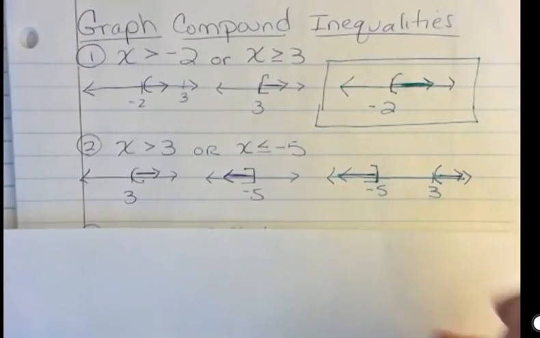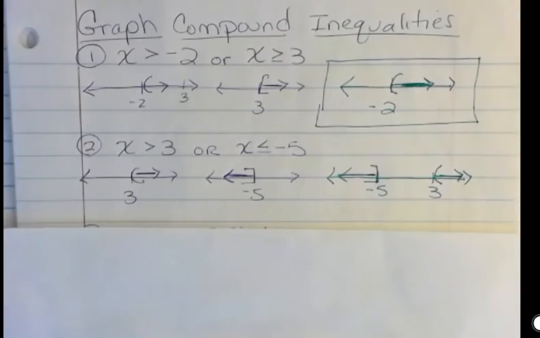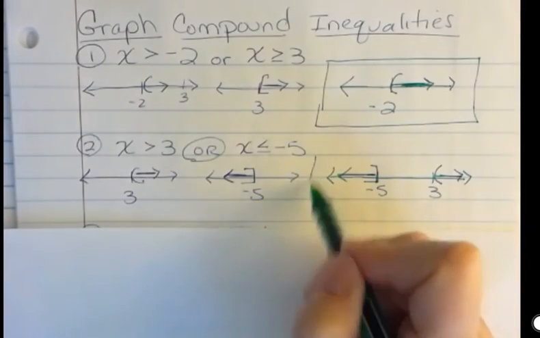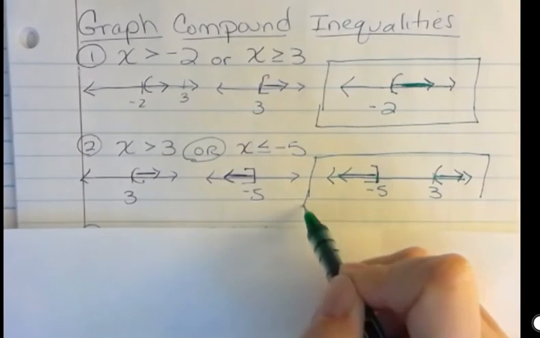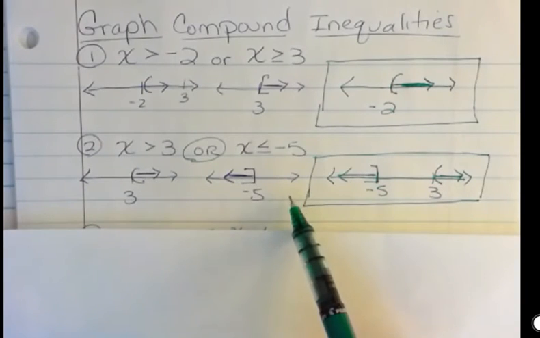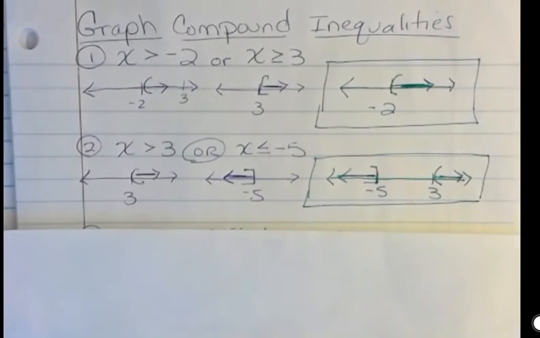Notice that I have the bracket at -5 because of the equal to part, and no bracket at 3. Now, because this is an or statement, this is what my final graph looks like. An or is a union, so we're saying, hey, x could be less than -5 or x could be greater than 3, either one. So we have the two parts on our graph.